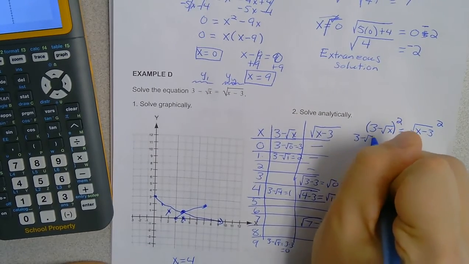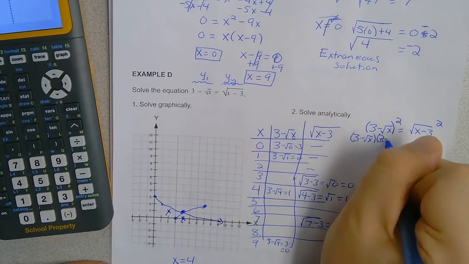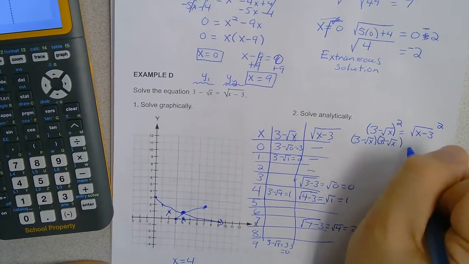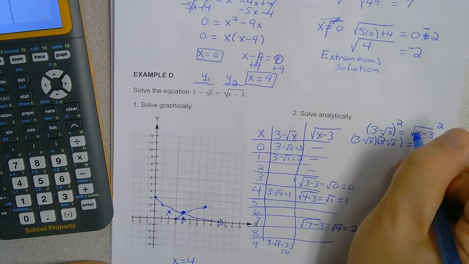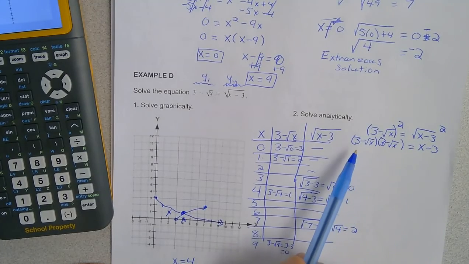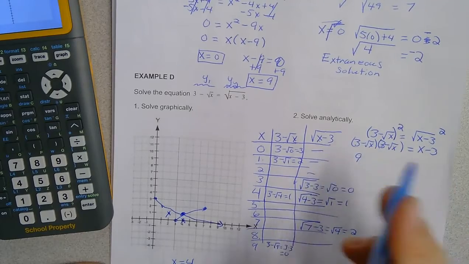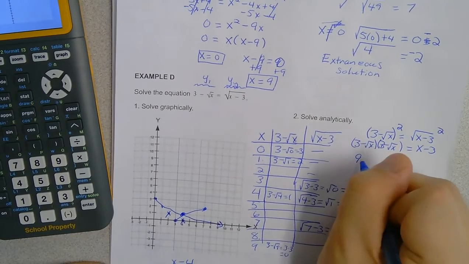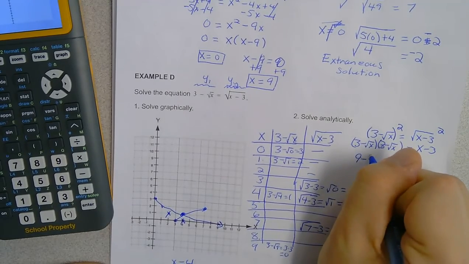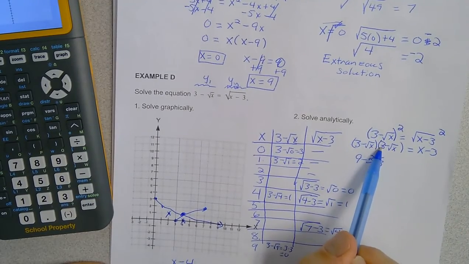So 3 minus the square root of x times 3 minus the square root of x. And then that's going to equal, the square root squared is going to go away, so x minus 3. And then I'm going to distribute. 3 times 3 is 9. 3 times a negative square root of x would be minus 3 square root of x. And then that's going to happen again.